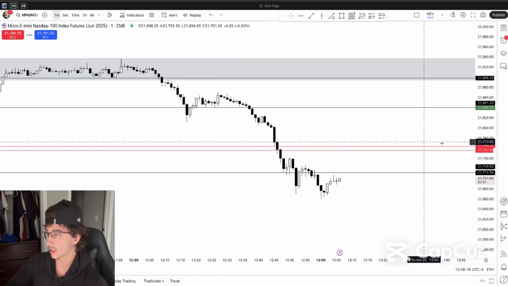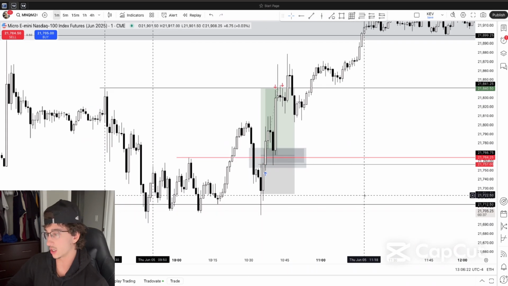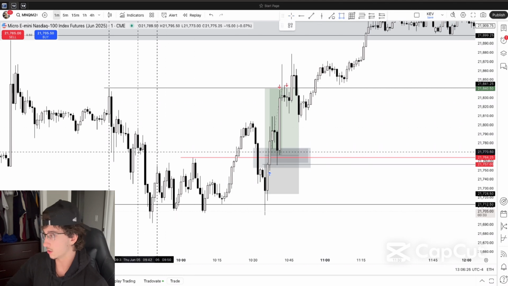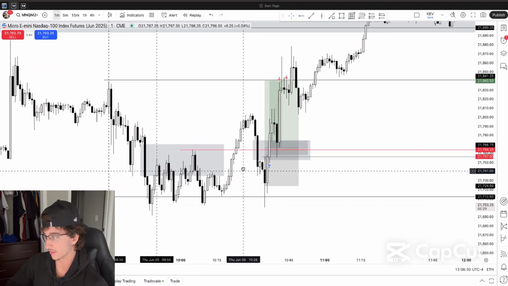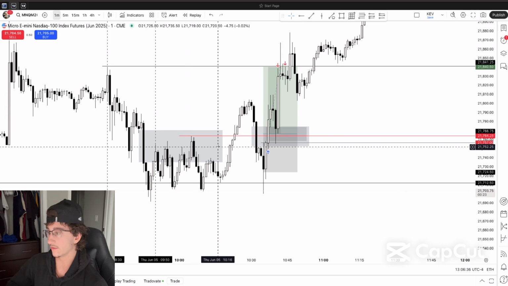A couple things I was paying attention to during my trade were not only that 5-minute break of structure, but we were respecting this fair value gap to the downside for so long that there was no reason for me to go long until that fair value gap was disrespected.